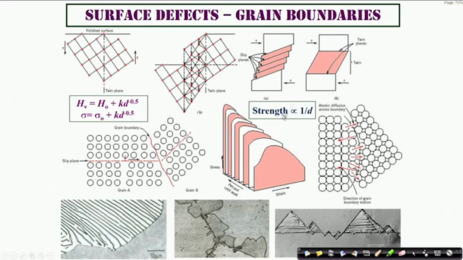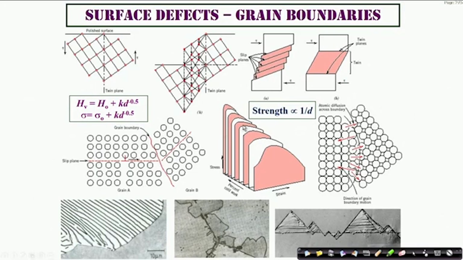And these 2-dimensional defects arise because when we talk of crystals, or for that matter, if you simply join two solids, irrespective of whether they are crystalline or non-crystalline, at the interface or the boundary, you certainly will see a certain disruption of continuity.